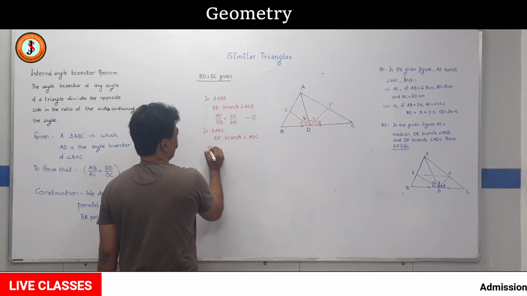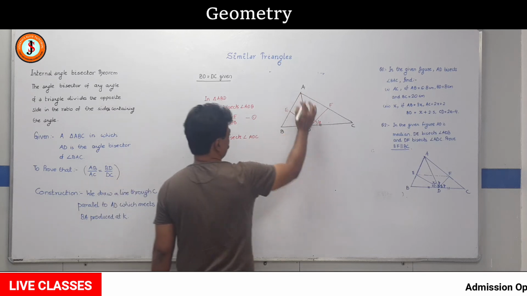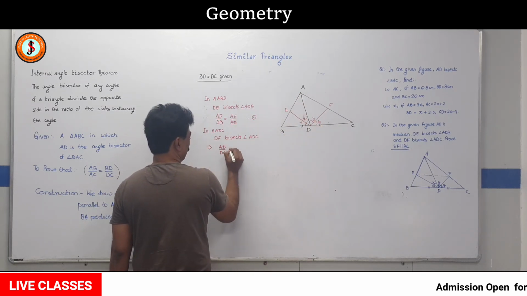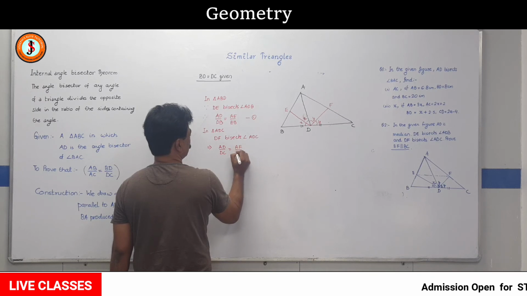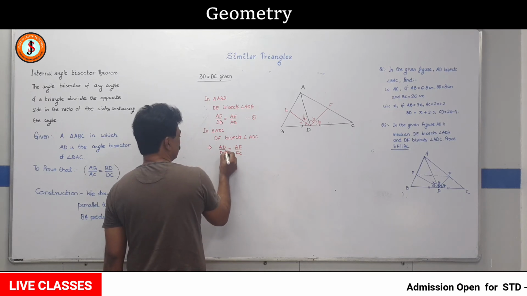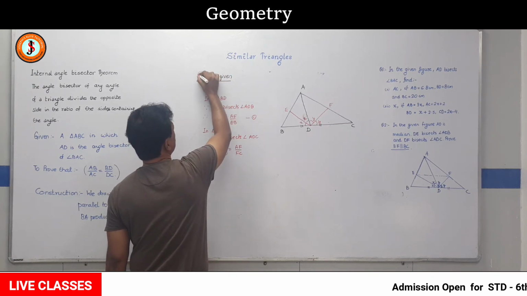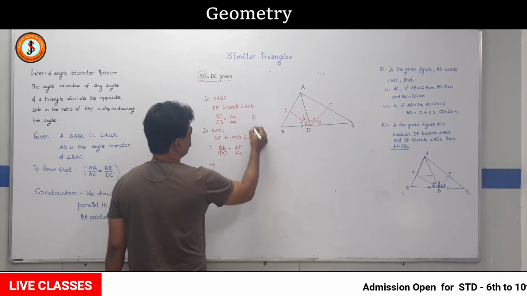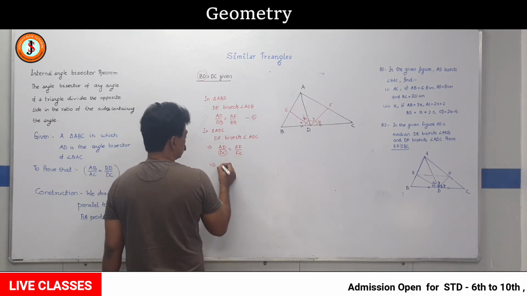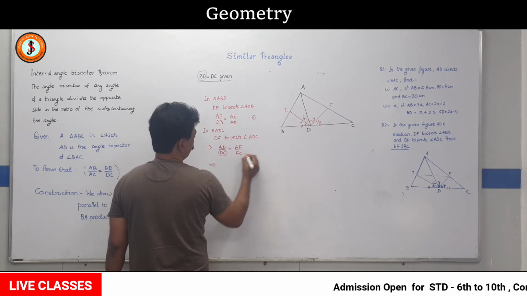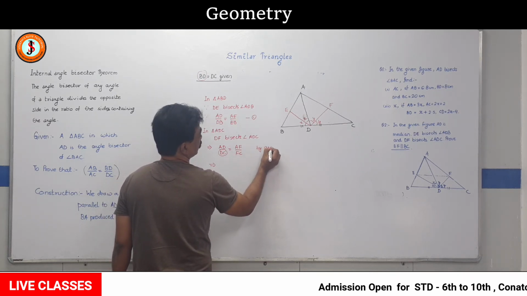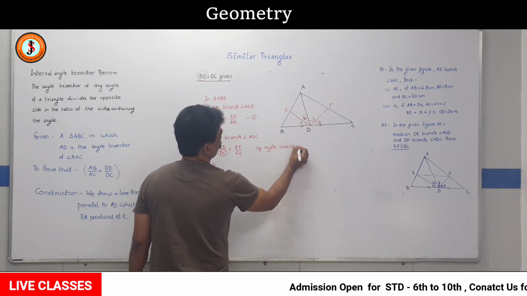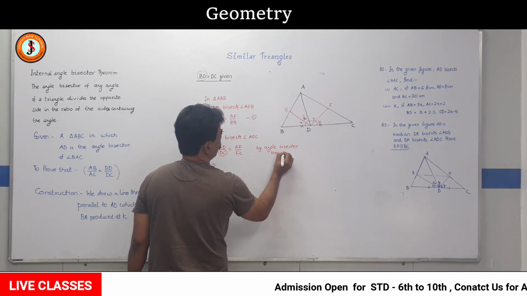This implies that AD by DC is equal to AF by FC, but DC is equal to BD. So this further we can replace. This is by angle bisector, this is by angle bisector. So we can write here by angle bisector theorem.